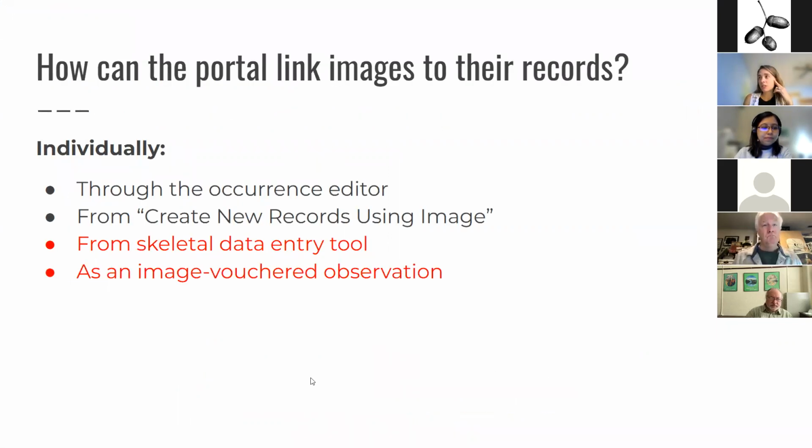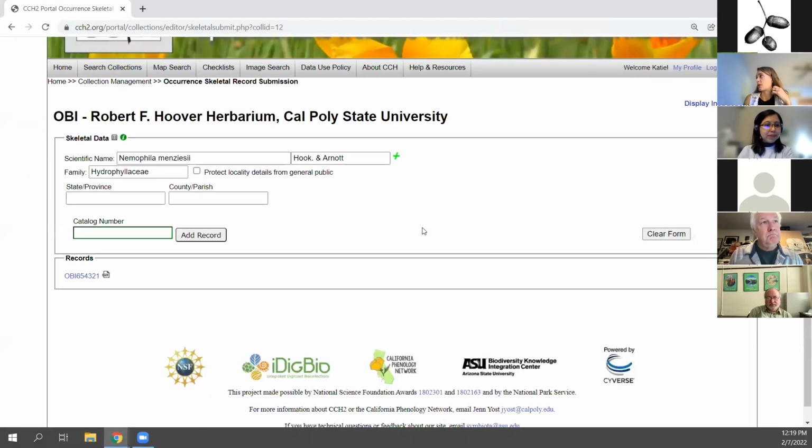And then another option is to upload image vouchered observations. And this is for your own personal specimen management or personal observation management. So you may have seen some of the documentation about using the personal observation management collection. This is usually for collectors who are managing their own specimens before they deposit them in a specific herbarium or other collection.